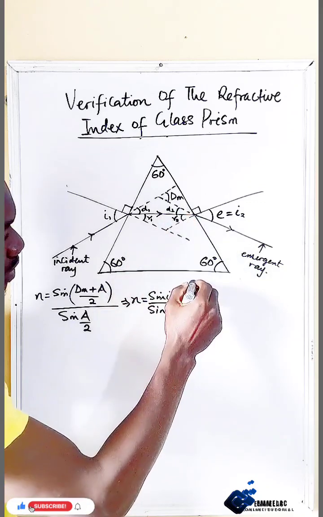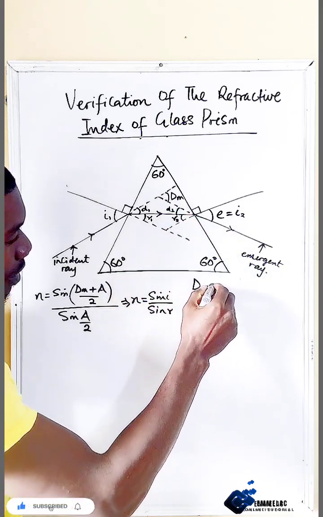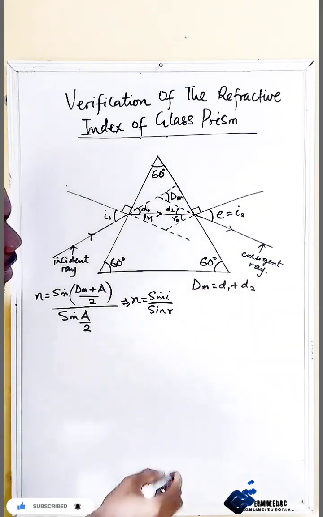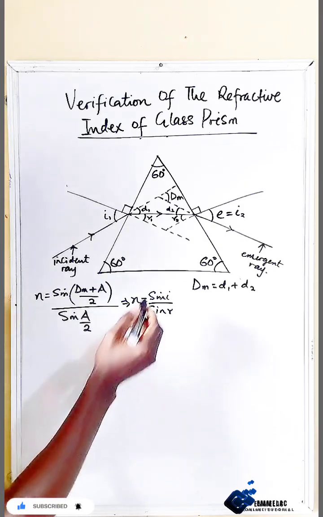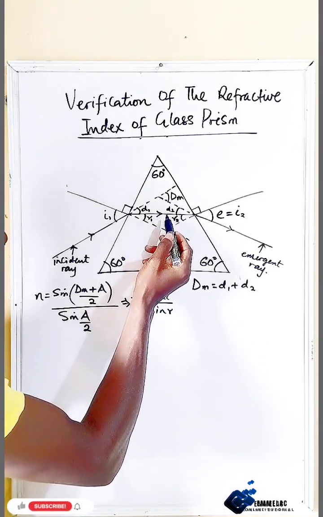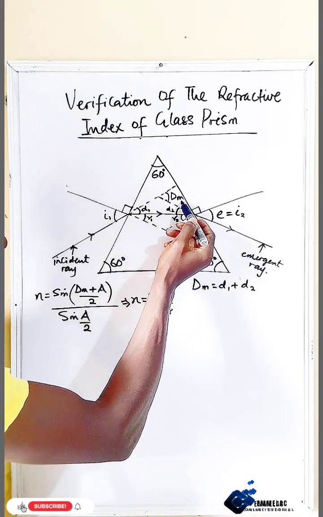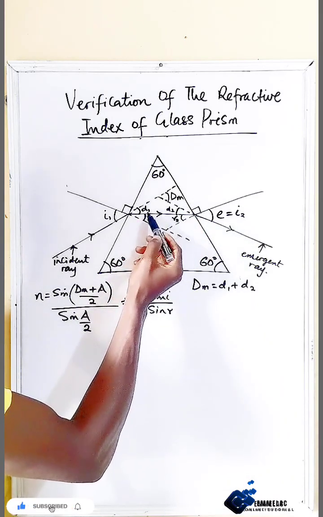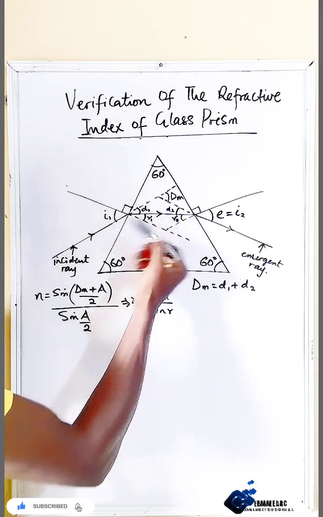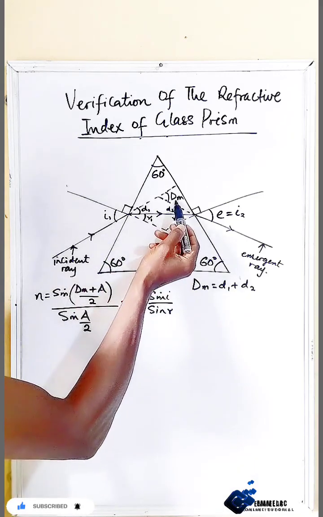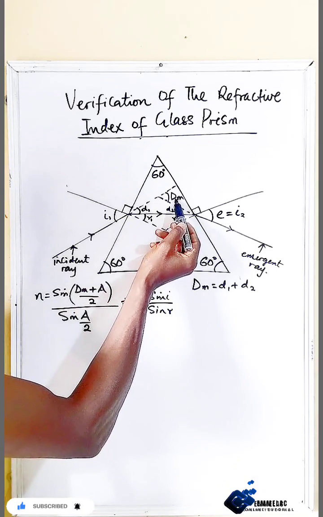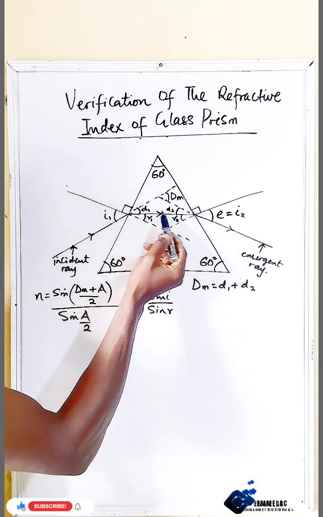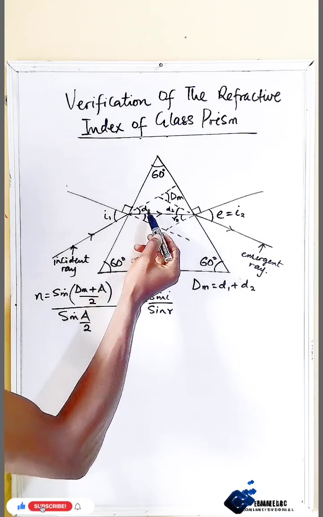The minimum deviation Dm is equal to D1 plus D2. According to a geometric law, the external angle equals the sum of the two opposite interior angles. So Dm, the minimum deviation, equals the sum of the two interior angles here.